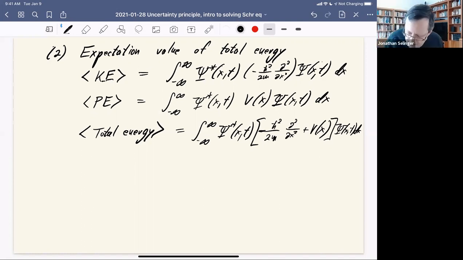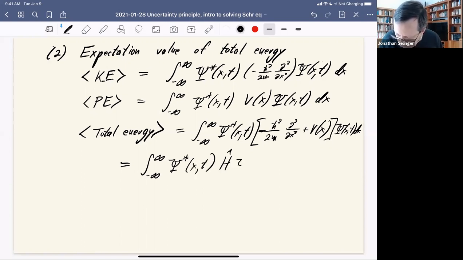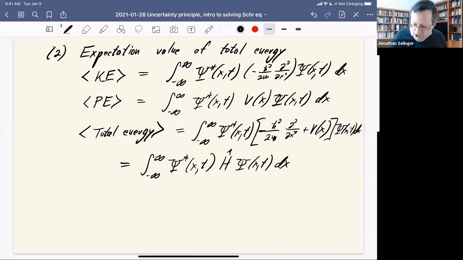Well, that is actually the expectation value of the Hamiltonian operator. Everyone would always write this as the expectation value of the Hamiltonian operator, like that.